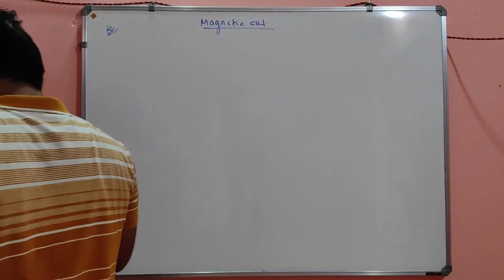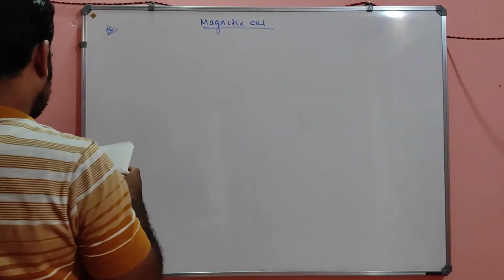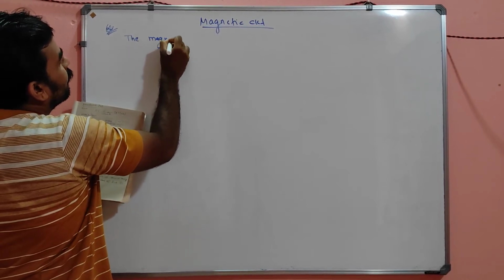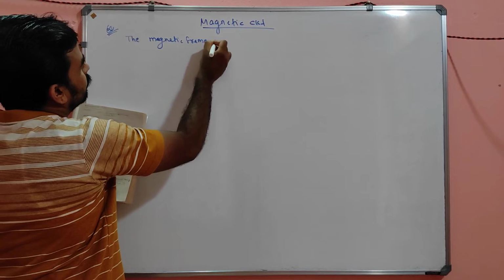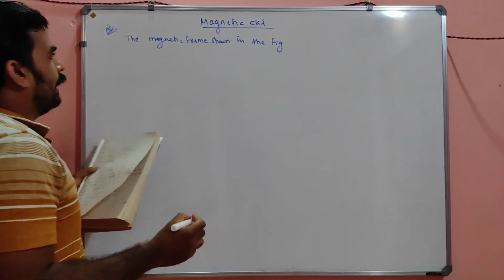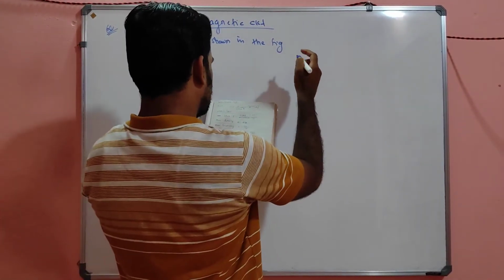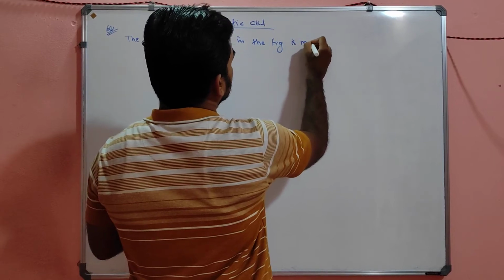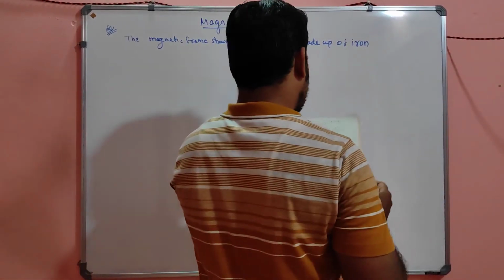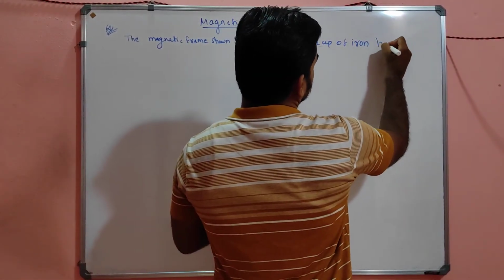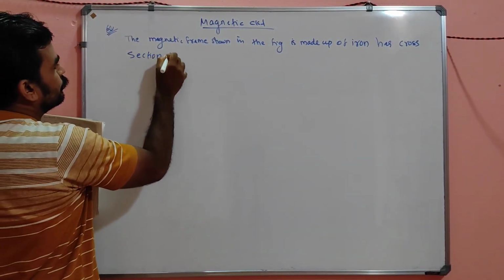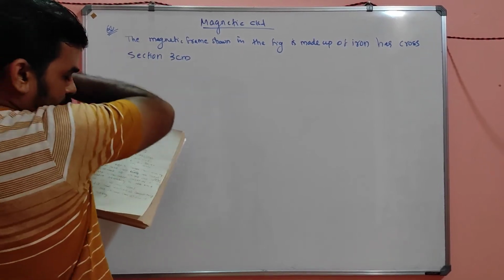Okay, can we do a problem? The magnetic frame shown in the figure is made up of iron. Iron has cross section 3 centimeter on each side.